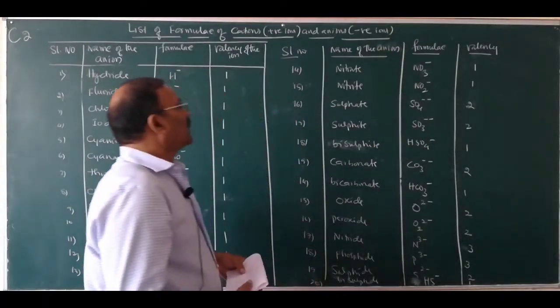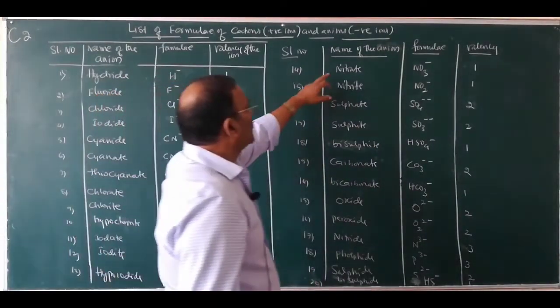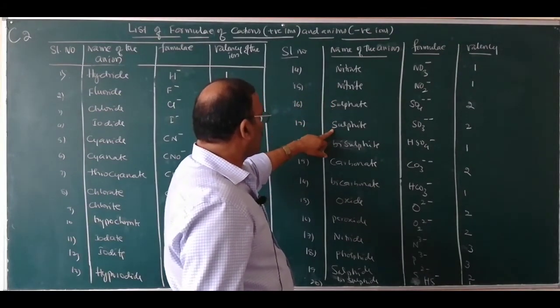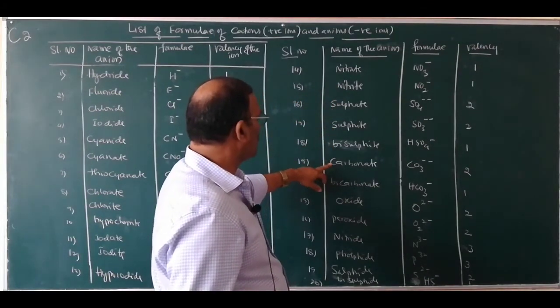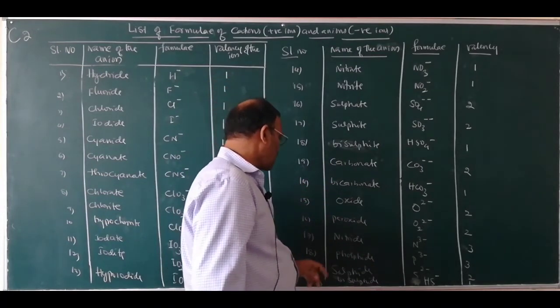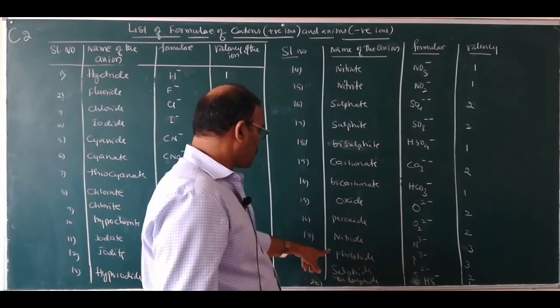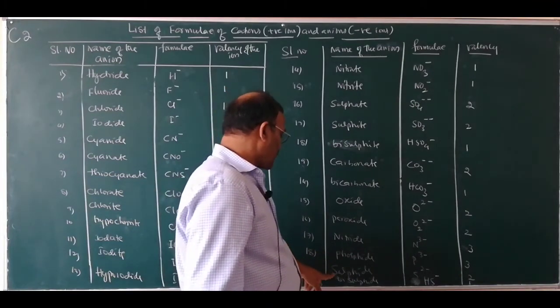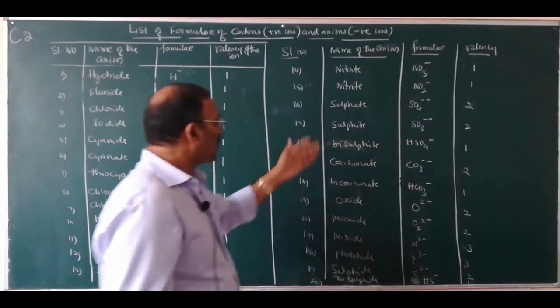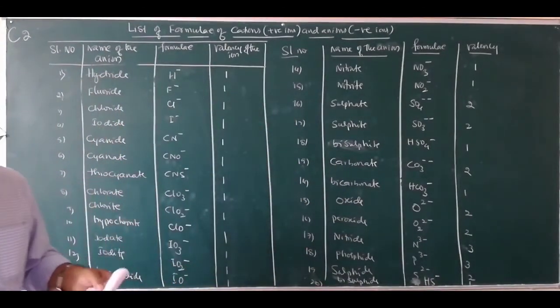So for example, sodium nitrate, sodium sulfate, sodium sulfide, sodium bisulfide, sodium carbonate, sodium bicarbonate, sodium oxide, sodium peroxide, sodium nitrite, sodium phosphide, and so on. All these are negative ions.